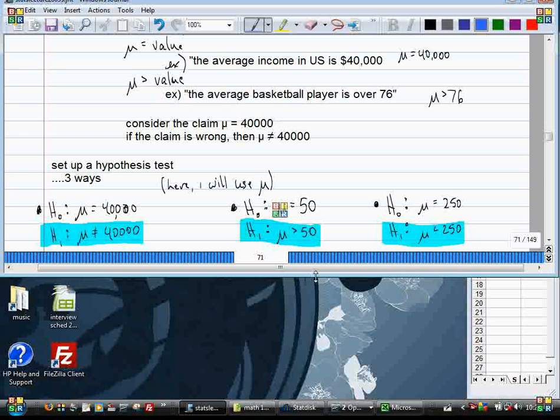So another way to make a claim is to talk about it being greater. In the second case, the H1, which is called your alternate hypothesis, is mu is greater than 50. And in the third case, the alternate claim is that mu is less than 250. So these are three kinds of claims you can make: not equal, greater than, and less than.